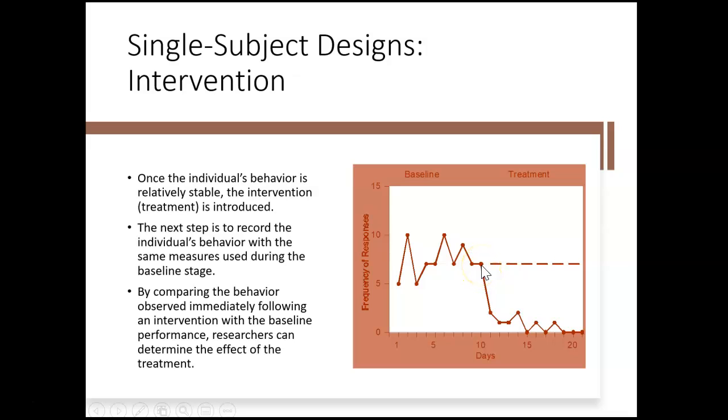Then I implement my treatment at the 10-day mark, and what I see is a dramatic decrease, including some data points at 0 outbursts after I apply whatever treatment it is that is my independent variable. And what I can claim then, through statistical analysis, but also visual inspection, is that the application of the treatment, whatever it was, appears to reduce the number of undesirable outbursts on the part of the child.